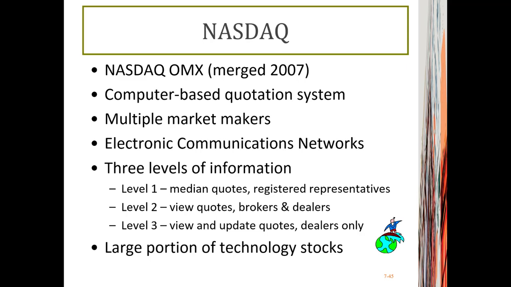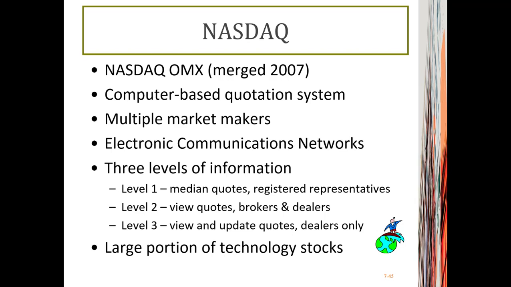It's the first generation of internet application back in the early 1970s. What NASD did was link all the terminals across the country for those dealers and brokers, so that trades can be executed through that electronic communication network.